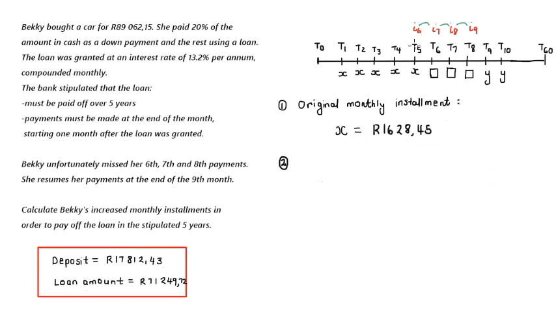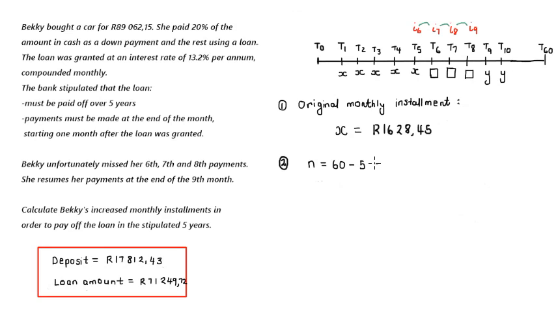So basically she has 60 payments to make. Immediately after she makes that fifth payment, she's going to have only 55 payments remaining. So we're going to use that value of 55 as her number of payments. This value of n is going to equal 60 minus 5. So that's the payments that she has to make to settle the loan in 5 years, minus the payments she's already made.